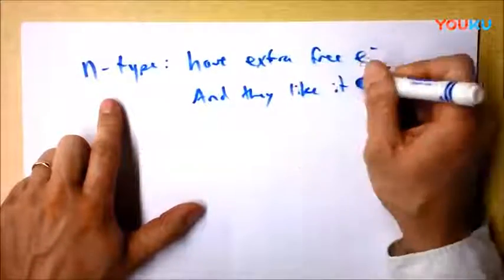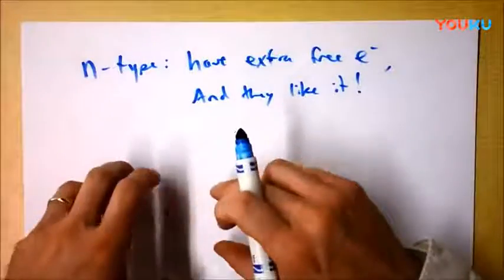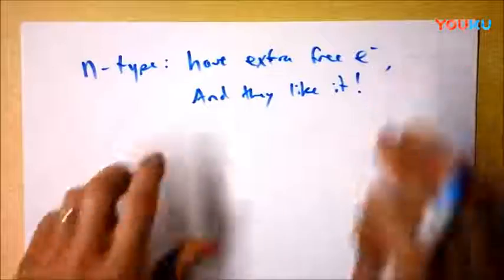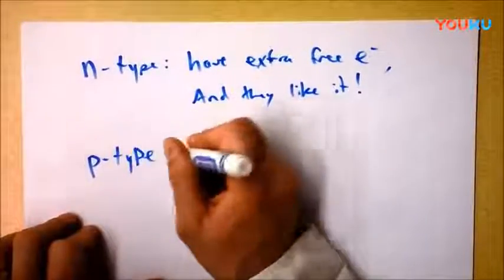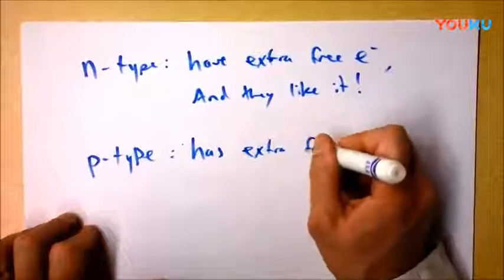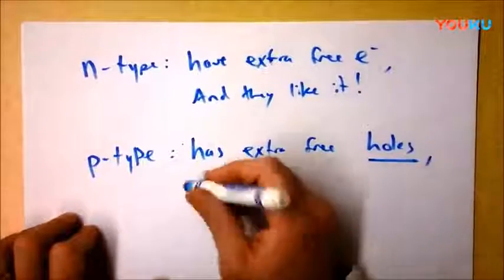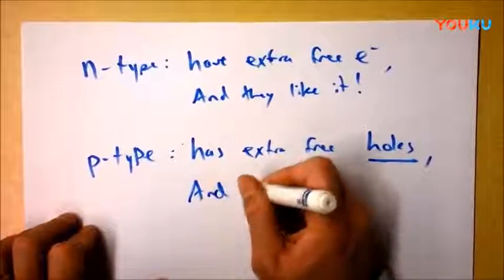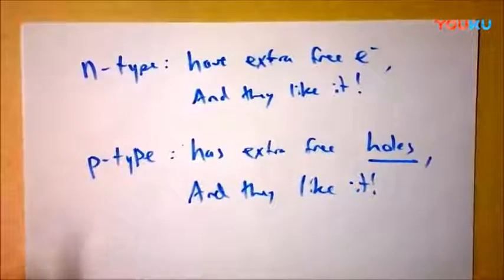In fact, they are still neutral, but there are extra built-in holes and extra free electrons, and they prefer to be that way. But P-type is the exact opposite, has extra free holes, not electrons, and they like it. Crazy, crazy.